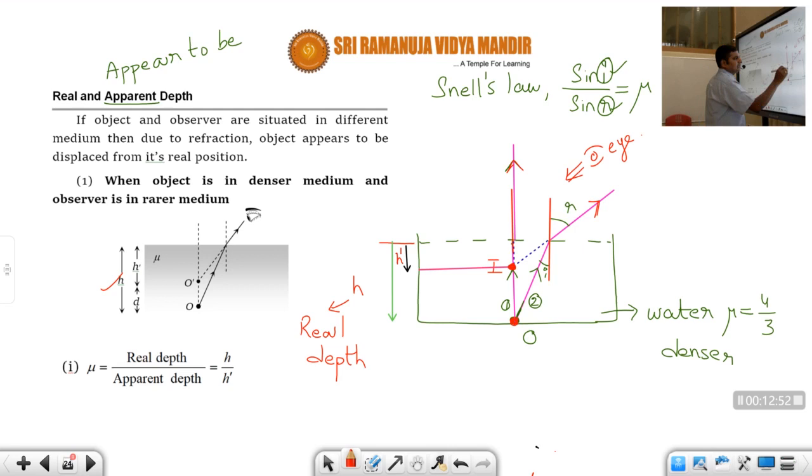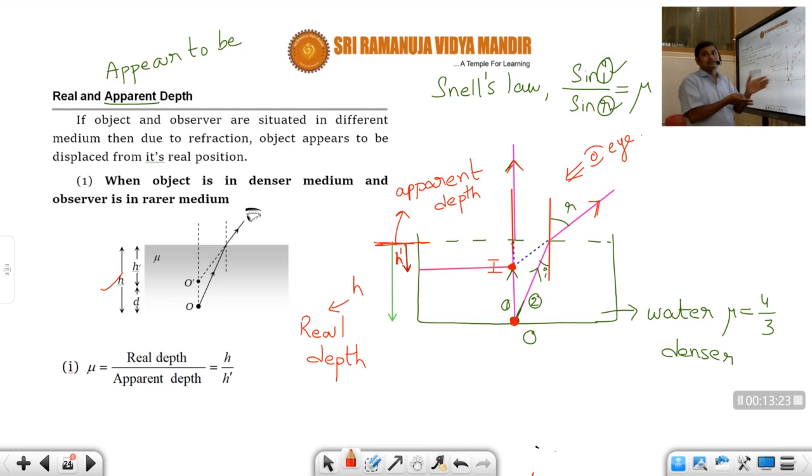At h dash, where h dash is called the apparent depth. So this is the meaning of real depth and apparent depth. Real depth means where actually the object is located. Apparent depth means for us it appears at that depth, it is not actually there, it appears.